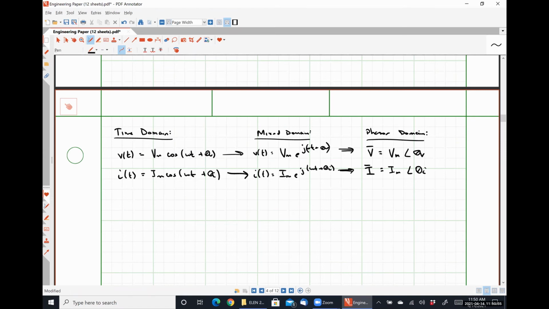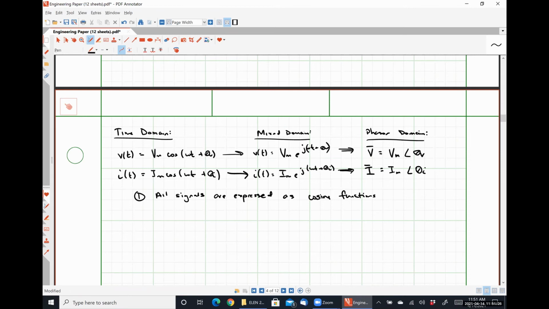I want to be very, very clear here. We are starting under some very specific constraints, okay? Constraint number 1, all signals are expressed as cosine functions. So if we have anything that's expressed as a sine function, we need to convert it to a cosine function.